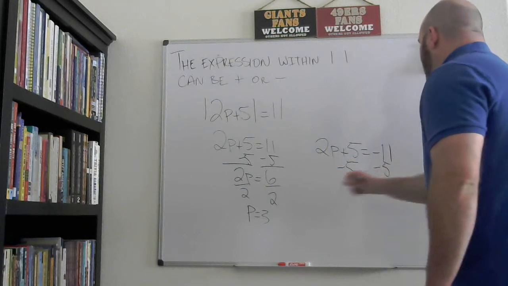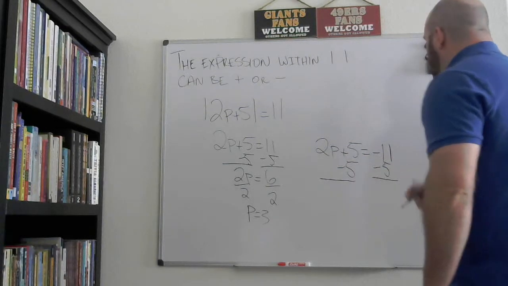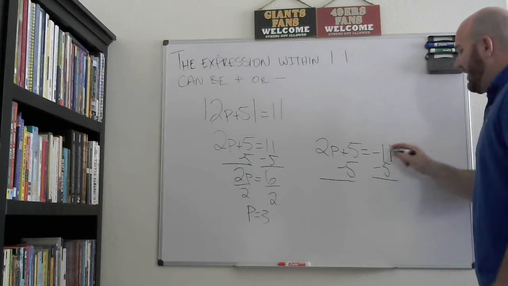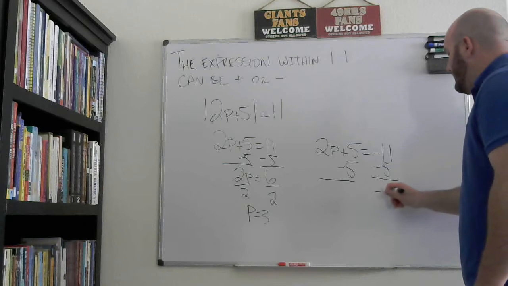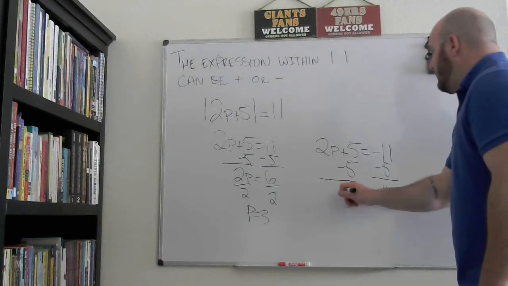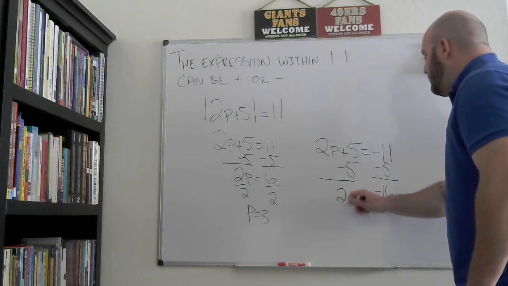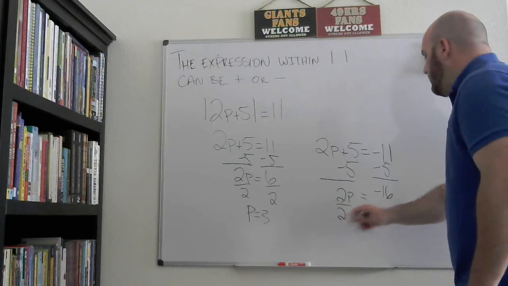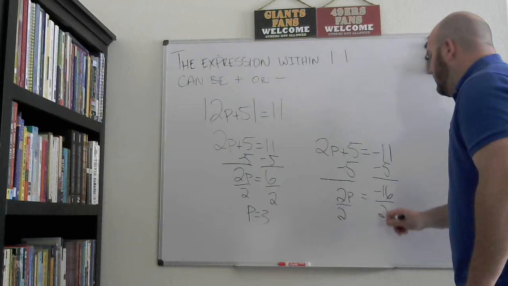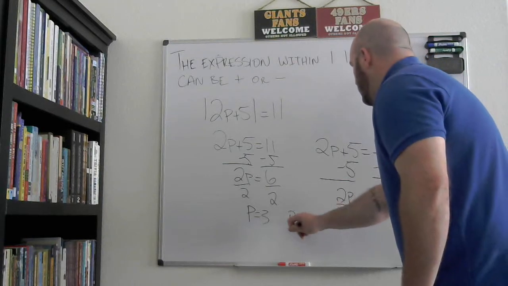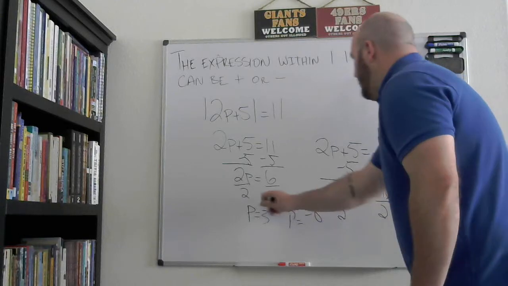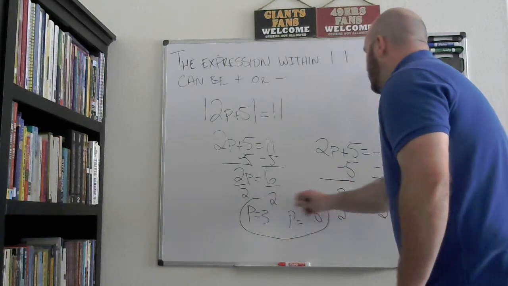And when you subtract a number from a negative, you're going to have a higher negative. Negative 11 minus 5 is negative 16. So now we have 2p equals negative 16. Divide by 2, divide by 2. And now we have p equals negative 8. And these are our two solutions.